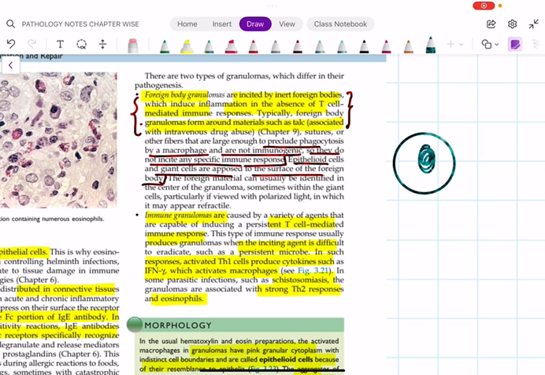We have something called immune granulomas. Why immune? As a result of some T cell mediated immune response. I told you that T helper 1 cells produce interferon gamma. So whatever stimulates T helper 1 cells, which will produce interferon gamma, will produce some type of granuloma. We call it immune granulomas.